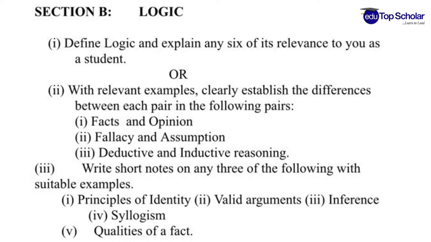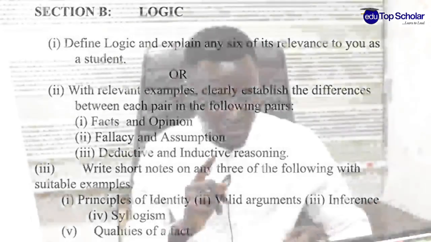At this point, let me just take time to explain this one. Inductive and deductive reasoning. All right. So, what is deductive reasoning? Deductive reasoning is the type of reasoning where the premises or the reasons support the conclusion.